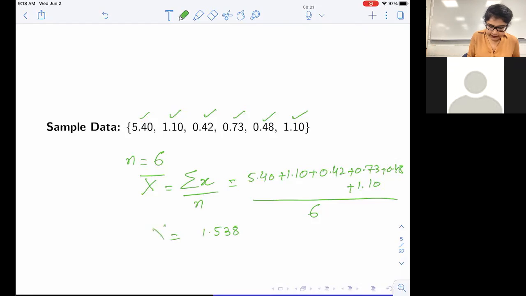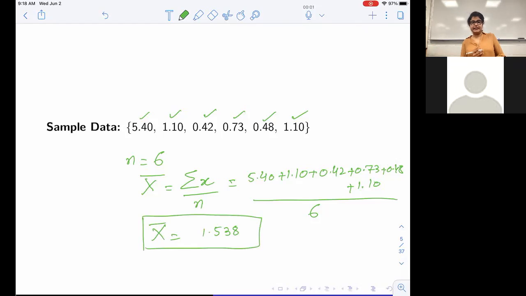So this is our sample mean for the given data. It means the mean value for the number of dollars in each car will be around 1.538. It means all the values will be around 1.538.